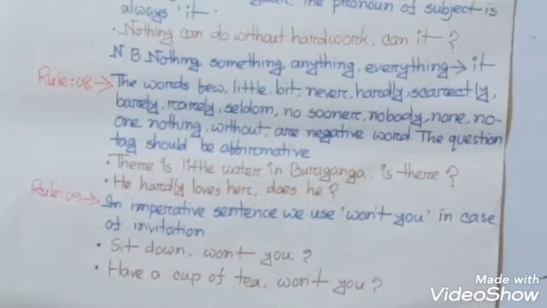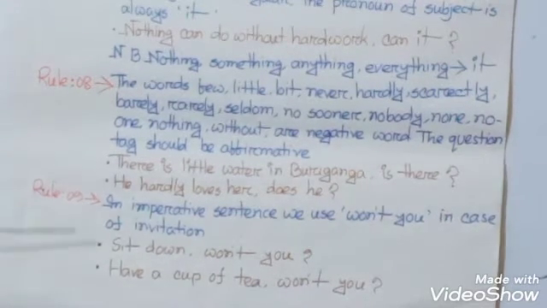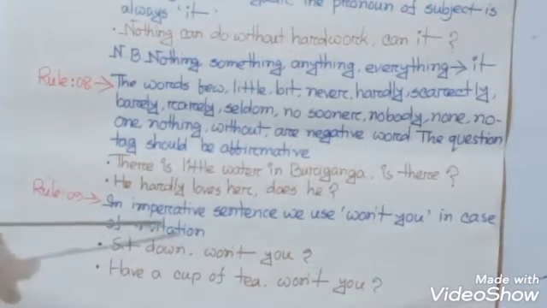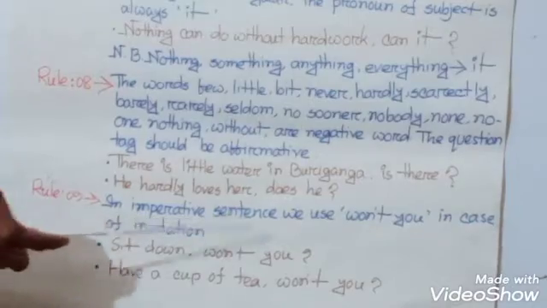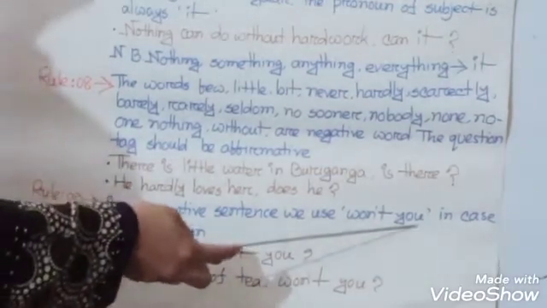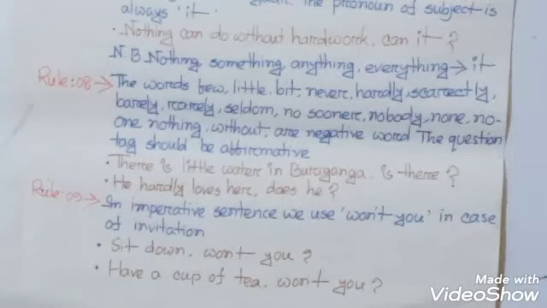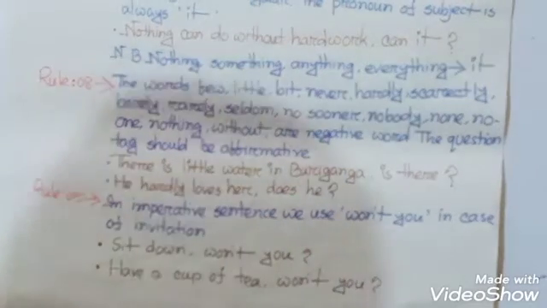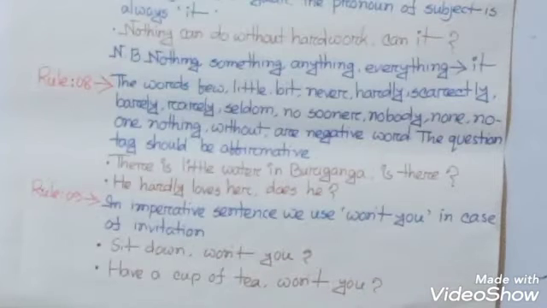Okay, dear students, last one. Rule number 9. In imperative sentence, we use aren't you in case of invitation. If an imperative sentence gives the meaning of invitation, in that case, we only use aren't.